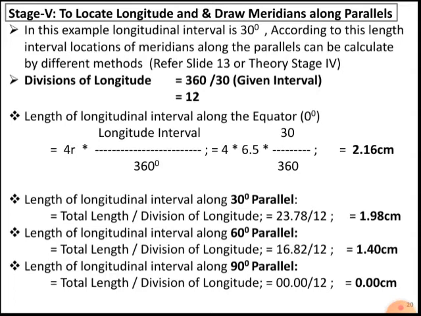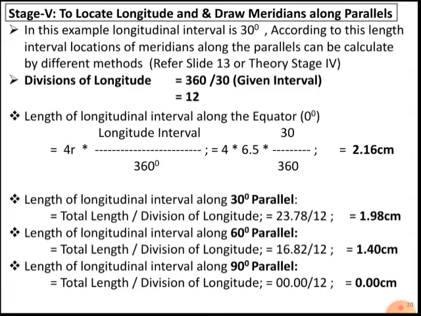Once you take that distance in the divider or the compass, mark this distance along the equator from the central point, the central meridian, or the center of projection, to both sides, western hemisphere and eastern hemisphere.